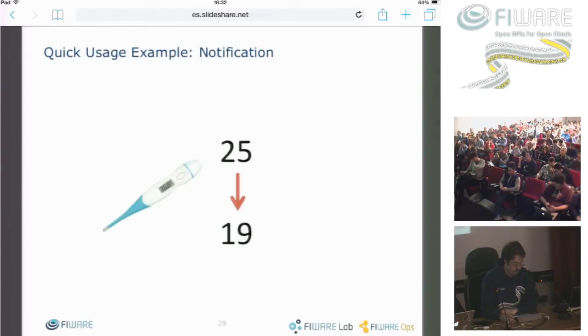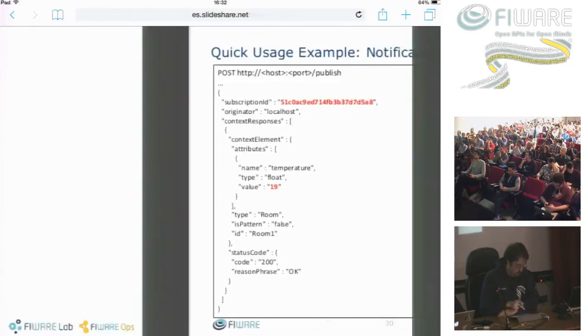So imagine that in room 1 the current value of temperature is 25. The temperature gets down to 19. So the ContextBroker will monitor this attribute, and this is a case in which it has changed. So ContextBroker has to send a notification according to the subscription.